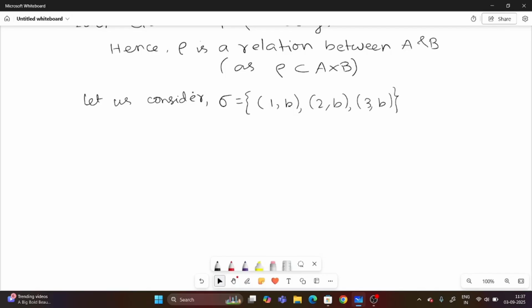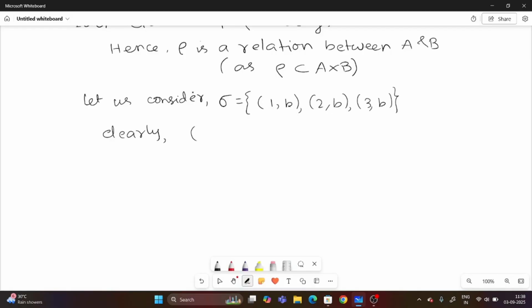So we can see the element (1, b) of sigma belongs to A cross B. The second element of sigma, (2, b), belongs to A cross B, but the third element (3, b) does not belong to A cross B.